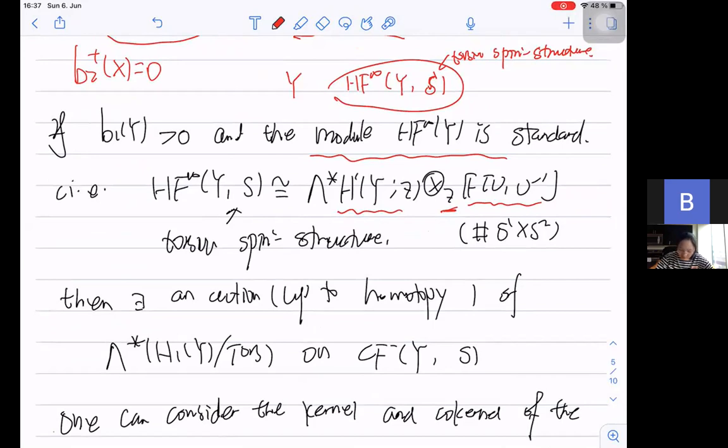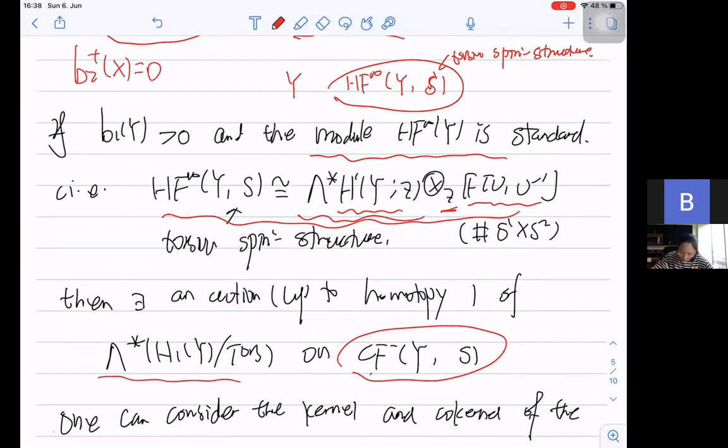The way we define the top and the bottom depends on the action of the first homology of Y on the whole chain complex. Just recall, we can describe the chain complex HF infinity as the exterior algebra of the cohomology class. Once we have this structure for the three-manifold, there exists an action, up to homotopy, of the exterior algebra of the first homology of Y, the torsion part, on the chain complex.